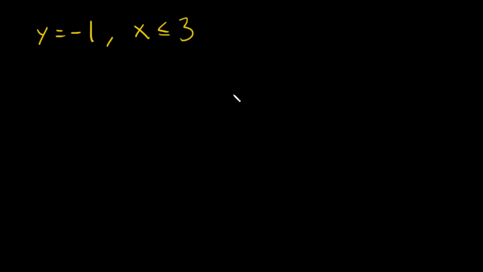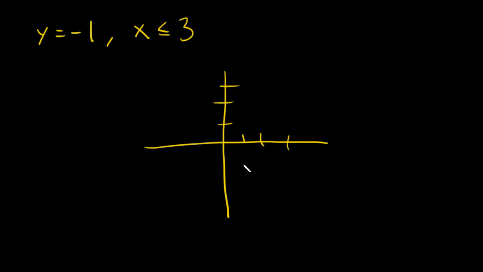Okay, so I'm going to graph it out. Alrighty, and what does this look like? Well, it is a flat line at y equals -1, so there we have the flat line.